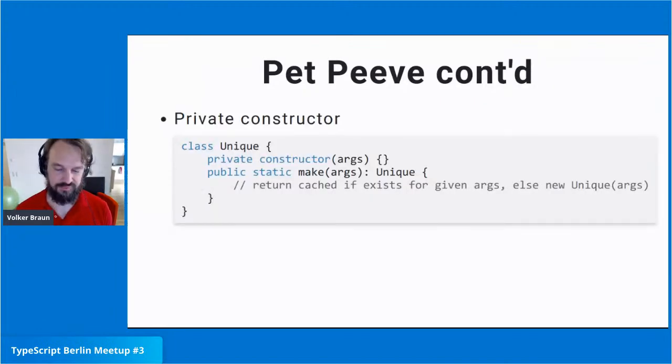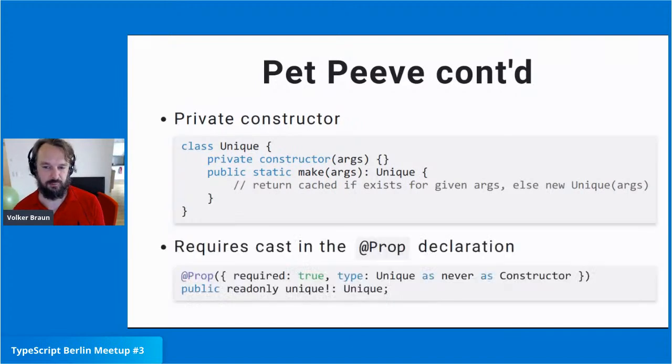So, for example, why a private constructor? Private constructor, of course, means nobody can construct this object. That would be boring, except, and now comes the interesting part, static members can, of course, construct it because they're part of the object, and they can then enforce uniqueness, like just have a cache so that you only hand out a unique object for a given set of arguments, and then equality is what you would think equality is.